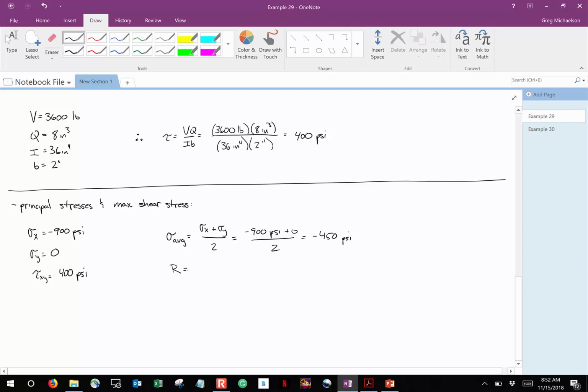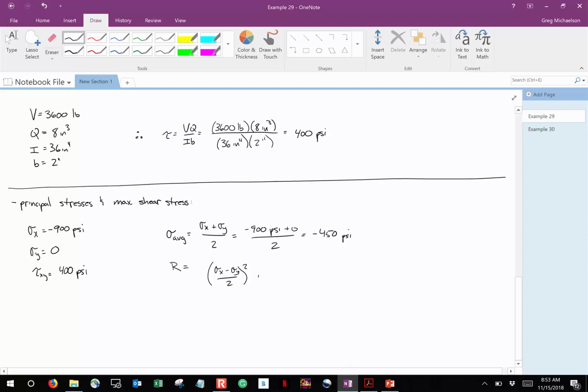The radius of Mohr circle is the square root of sigma x minus sigma y over 2 squared. Again, it doesn't really matter which direction you subtract, so it doesn't really matter which one's sigma x and which one's sigma y, plus tau xy squared.